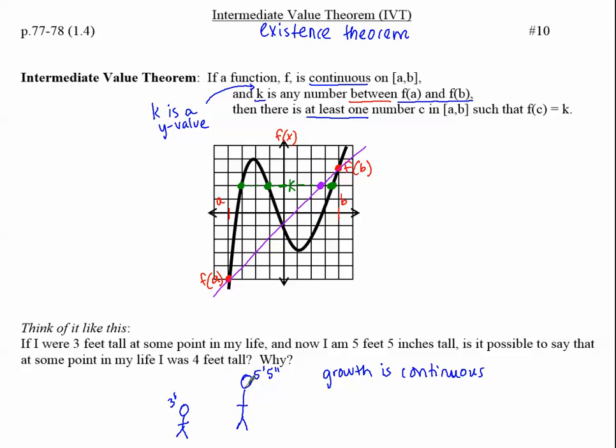I'm not saying I have to know when. I'm just saying that it has to exist. There has to be some point at which I hit 4 feet. So since growth is continuous and 4 is between 3 and 5 feet 5 inches, by IVT, intermediate value theorem, I had to be 4 feet at some point in my life.